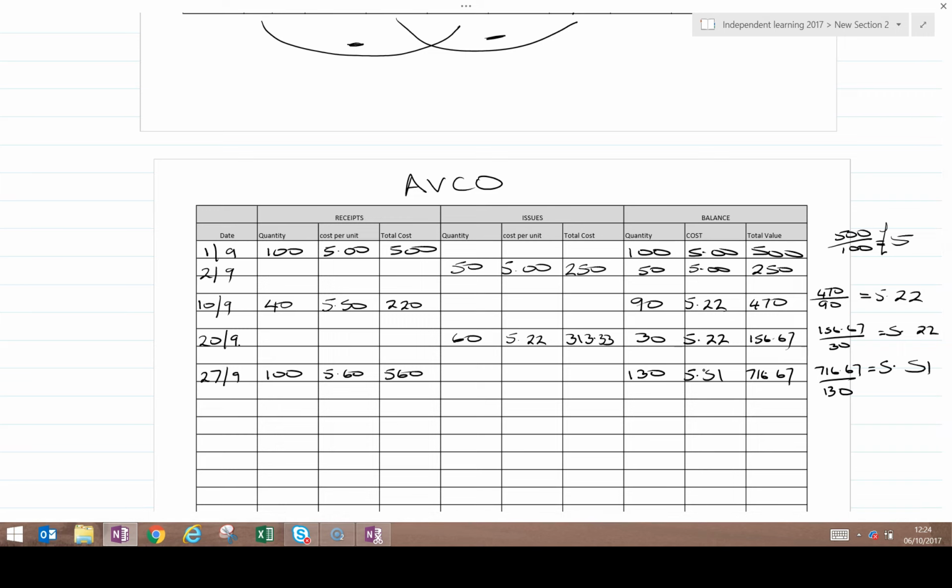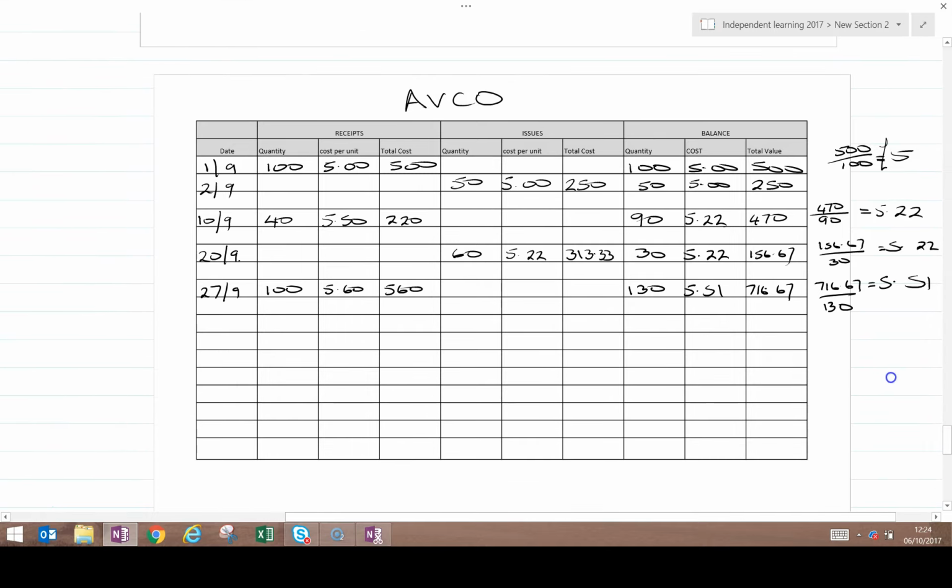So what we have done is each time we've issued, instead of looking at the actual prices we've paid, we just issue out at an average price. We can still do a check by totalling up our columns. 240, 1280, 110 and 563.33.